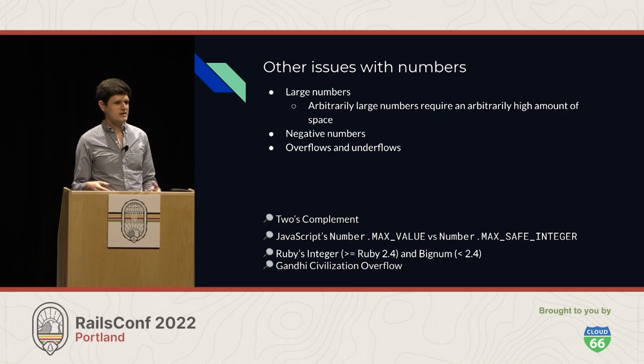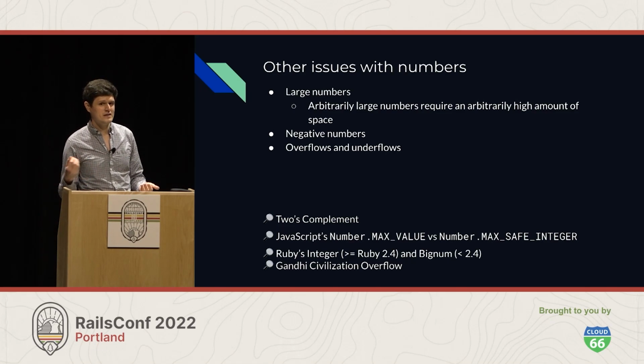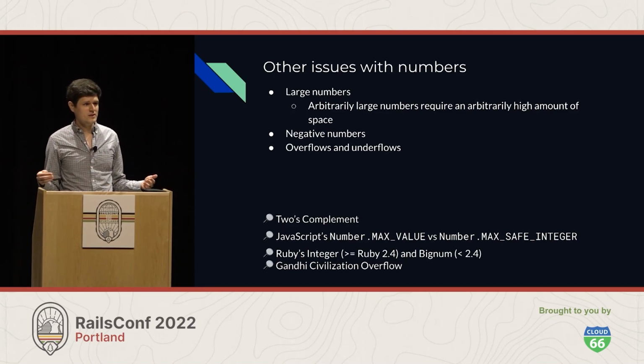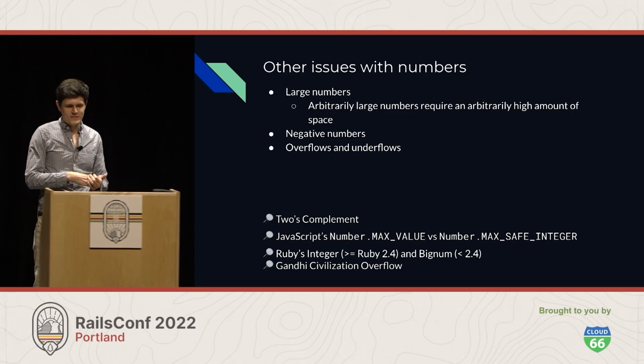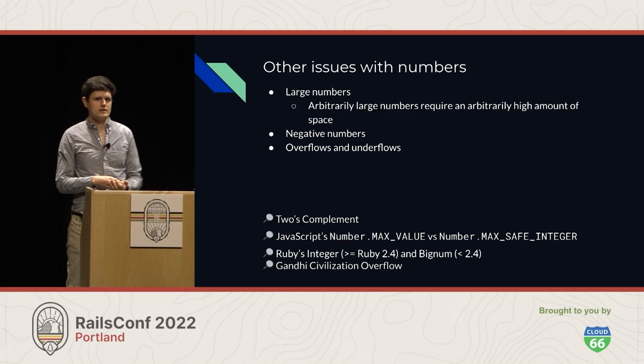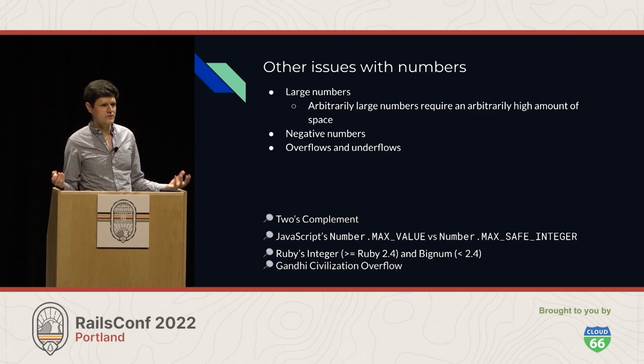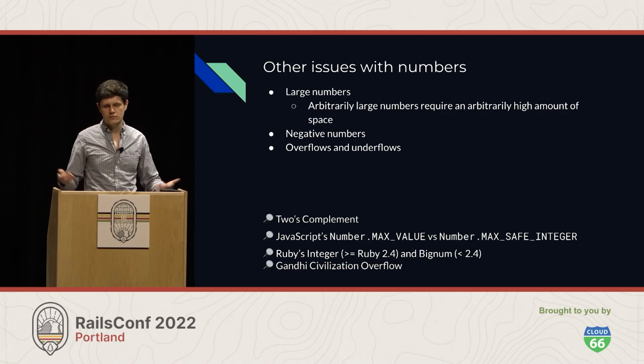Negative numbers can be represented in such a way where you might accidentally get a negative number when you add two positive numbers together, which I've never seen math that works like that before. Also, overflows and underflows are things that you can run into in certain programming languages. Ruby is pretty good about this stuff, so we don't have to worry as much as if you're programming in, say, C or another low-level language.